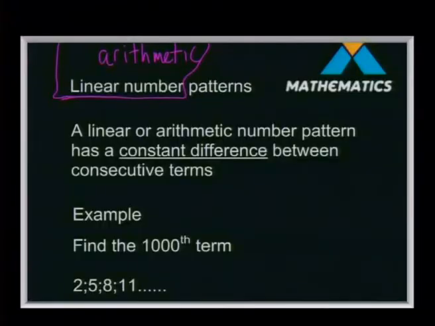Then we are going to have a look at the formula that we use. Now, guys, I suppose it's perfectly possible to sit with your calculator and add 3, add 3, add 3, 1,000 times, but it's going to take you forever. You're probably going to lose count at some point or another. And in most cases with number pattern questions, we do tell you to use an appropriate formula.